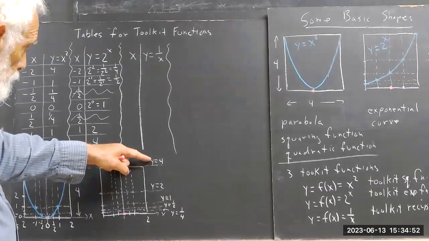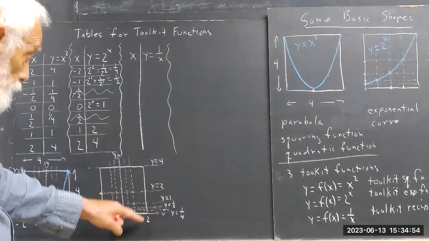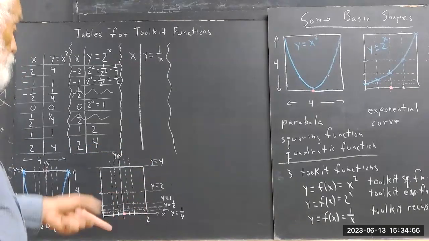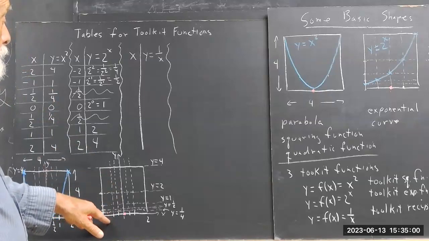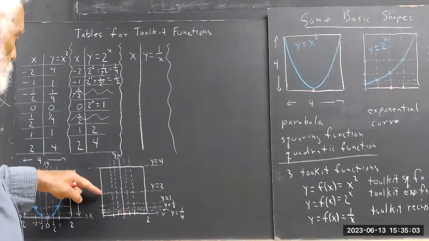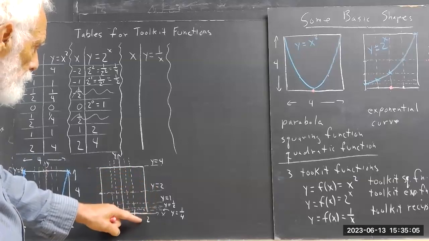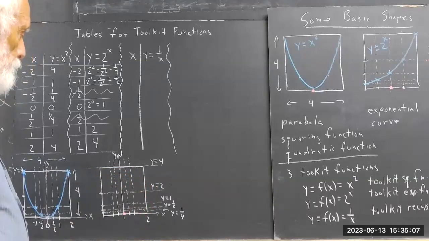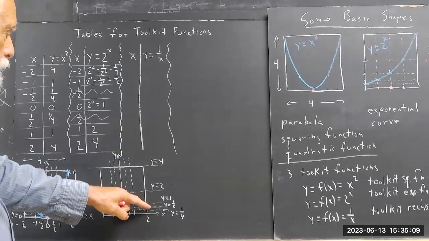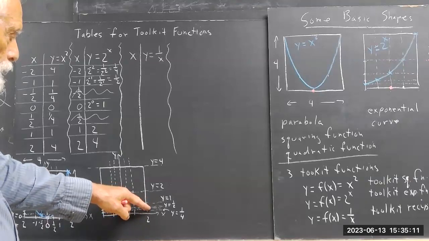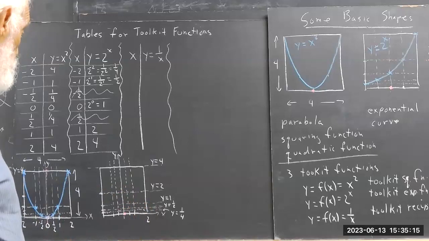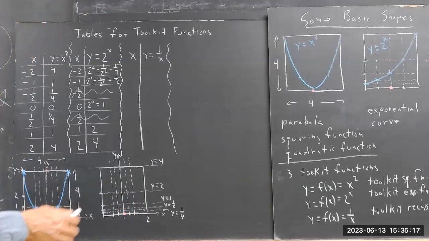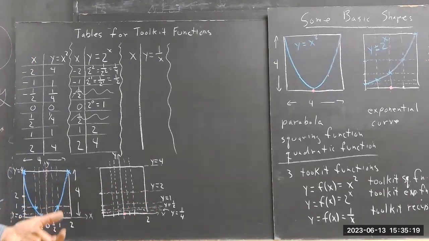So the y equals 4 line, the y equals 2 line is twice as close to the x-axis, to the bottom edge of the square. Y equals 1 is twice as close to the bottom edge as y equals 2, and twice as close as y equals 1 gets y equals 1/2, and twice as close gets to y equals 1/4. Okay, those are important characteristics. You should understand that.